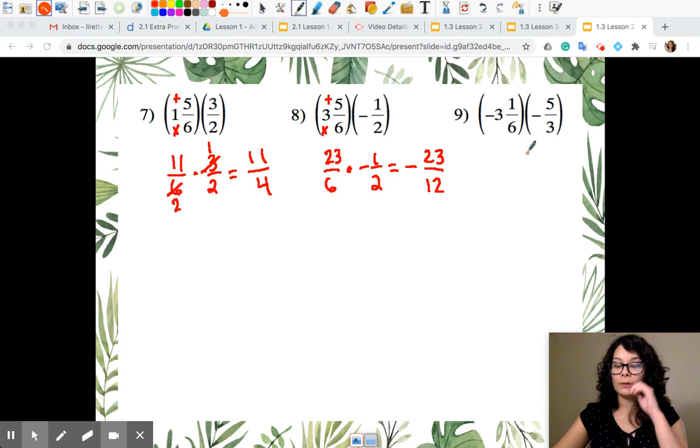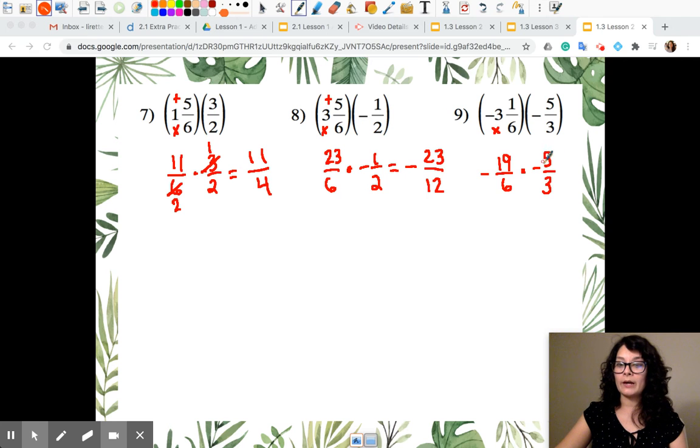Okay, one more problem with mixed numbers here. I'm going to multiply the 6 and the 3 and get 18, plus the 1 gives me a 19. Denominator stays the same, and it also remains a negative, times a negative 5/3. I'm going to check to see if the 19 can reduce with 6 or 3. It can't reduce with either of those. Now I'm checking to see if 5 can reduce with 3 or 6.